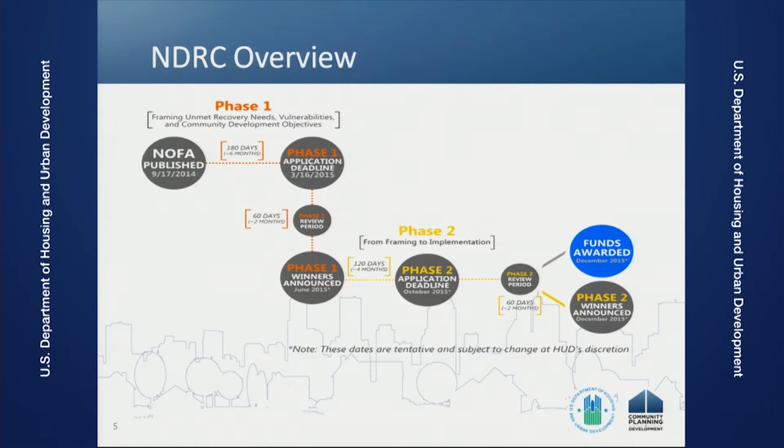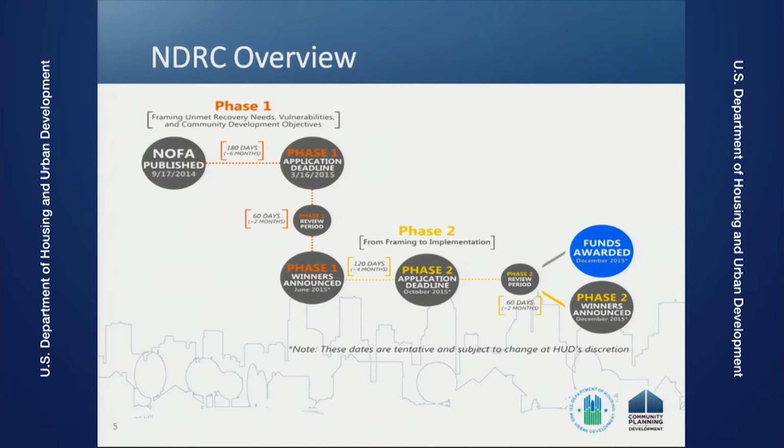This slide provides an overview or a picture of the process for the NDRC. In phase one, applicants will be considering disaster recovery needs, vulnerabilities, stakeholder interests, resilience, community development objectives, and investment alternatives for that first phase of the application.